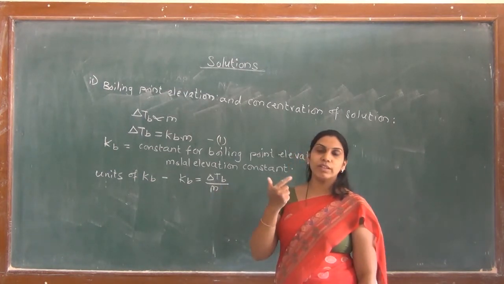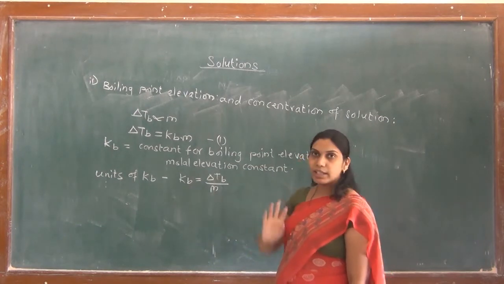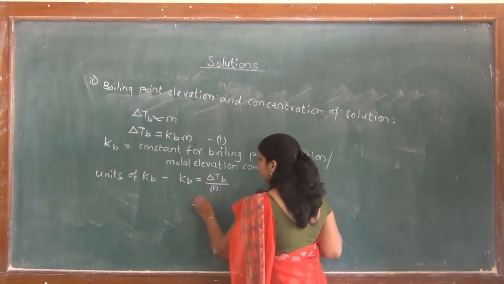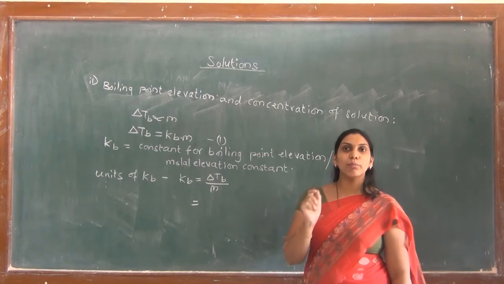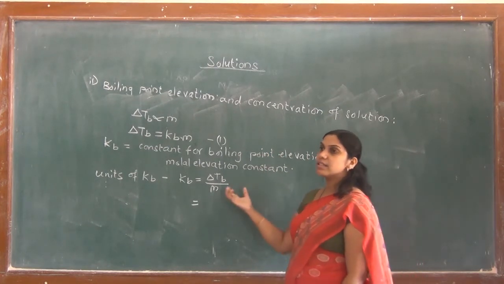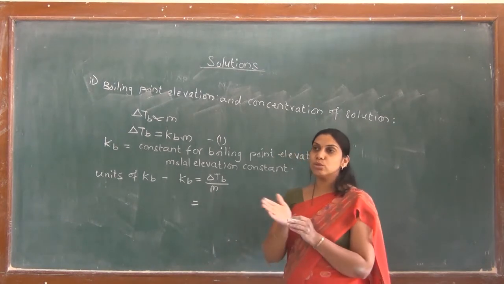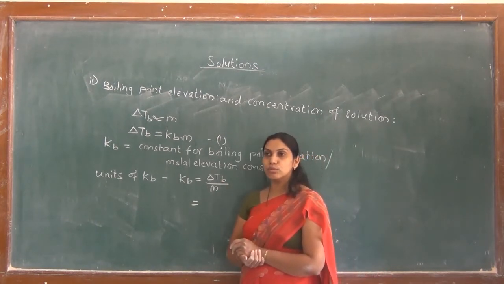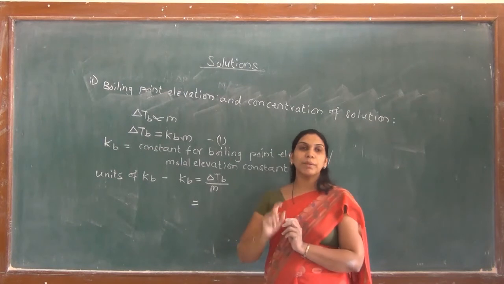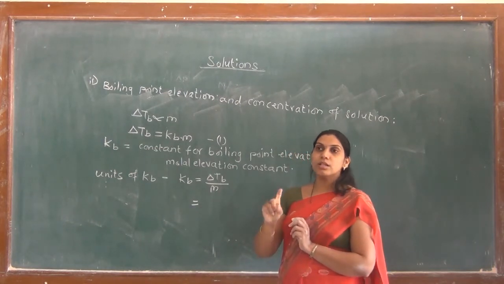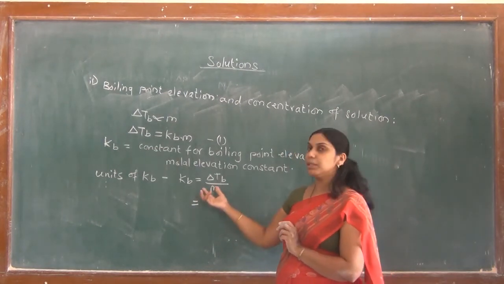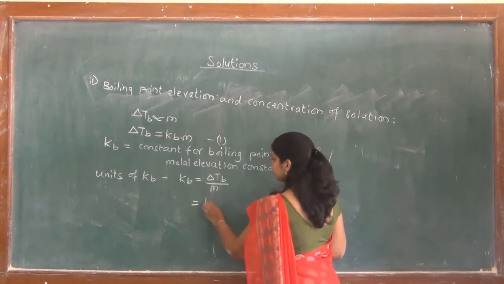And now we will write the units of Kb. Delta Tb is the boiling point elevation. As this is the difference between the boiling point of the solution and the boiling point of the pure solvent, a temperature-related value, the unit of delta Tb must be Kelvin.